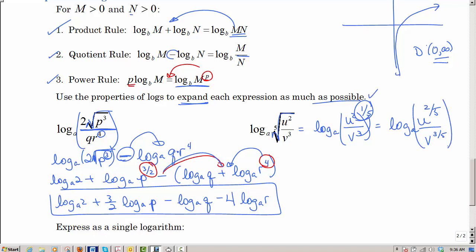So I've taken care of that. Now I just have the log of two things being divided, so I'm going to go back to my quotient rule. I can rewrite this as the log of the numerator minus the log, and I should put my base a, or whatever base you're in, of v to the 3/5. Now I can use my power rule that says I can take these powers and move them and make them coefficients.